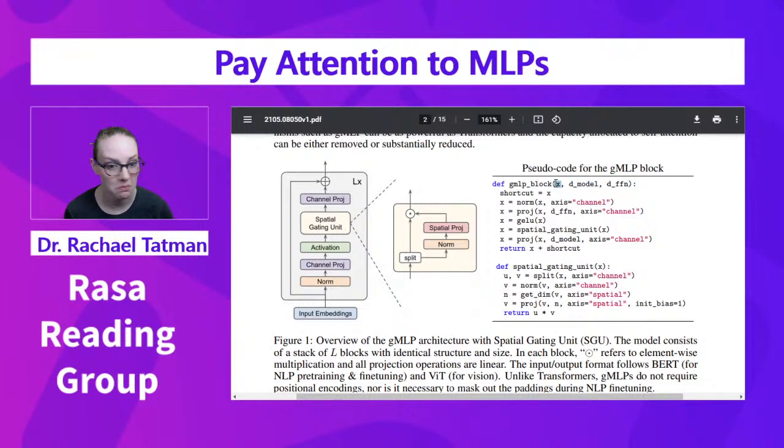This is the number of the block, I think. So they're normalizing across the channel, and then they're doing a projection. And then, oh, this is one of those, yeah, I think I want to read their description in words and then come back here and read the pseudocode as well.